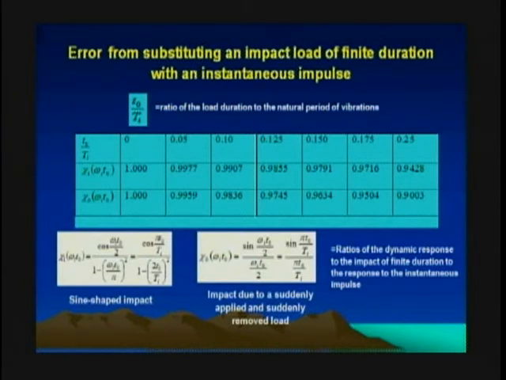And for the sine-shaped impact it is 0.94. So it's only 5%, 6% of an error, and in practical situations is probably acceptable, if you substitute a real short-term load in the linear system with an instantaneous impulse.